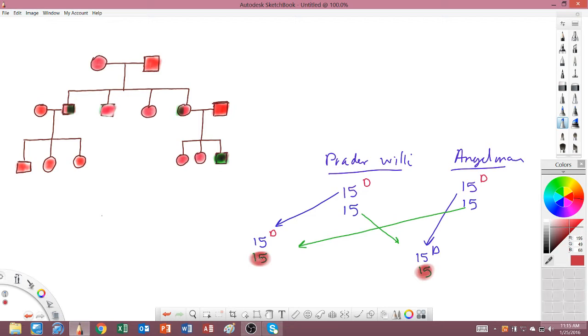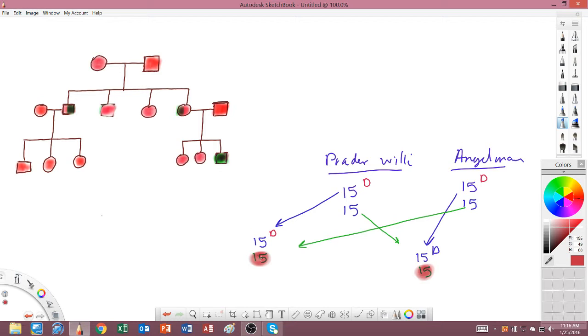That's called imprinting. So it's just like autosomal recessive, because of chromosome 15, but in addition to that, the normal copy is inactivated. So it depends whether you get the deleted copy from mom or dad. It tells you if it's Angelman or Prader-Willi. If you inherit the deleted copy from dad, it's Prader-Willi disease. If you inherit the deleted gene from mom, Angelman syndrome.